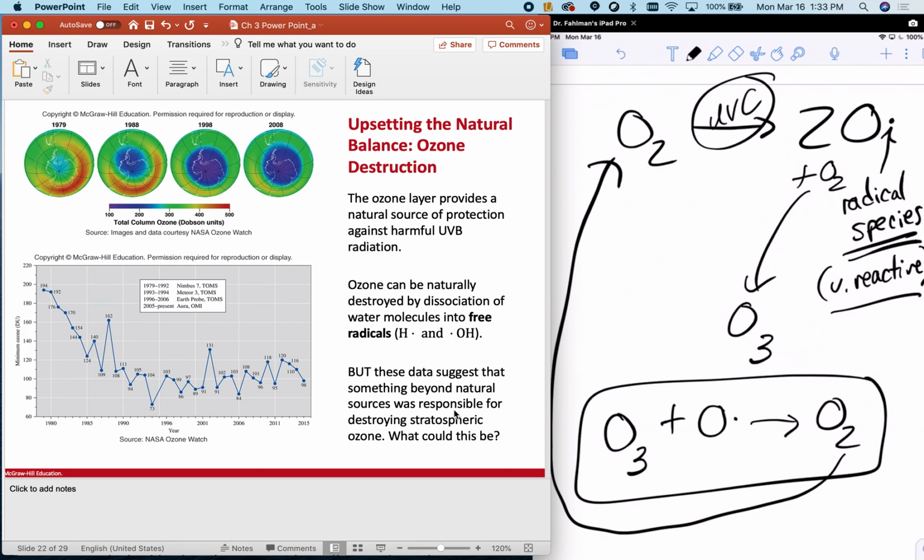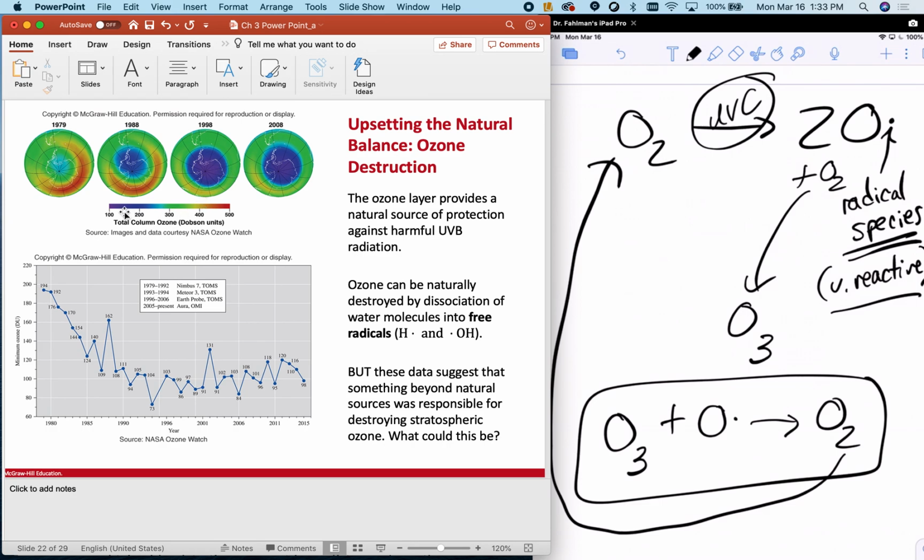There's a website I'm going to take you to in a second that shows the ozone concentrations over time. What they noticed from 79, and by the way, this is where Antarctica is, so it's all centered around there because that's where the greatest concentration of ozone is during the winter months. And that's where the hole developed.